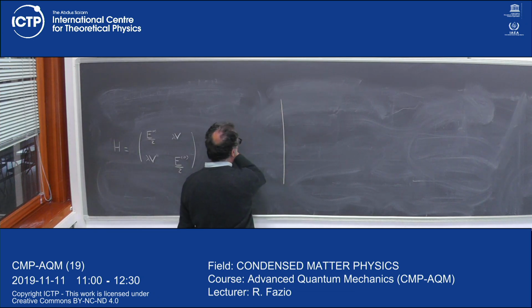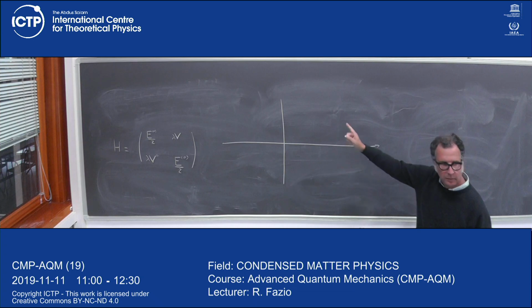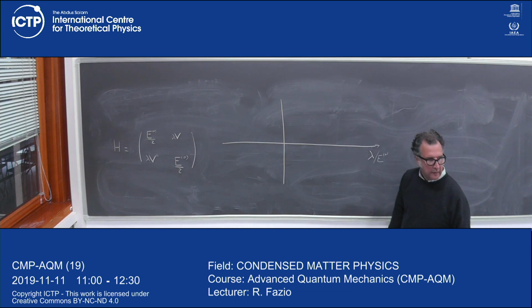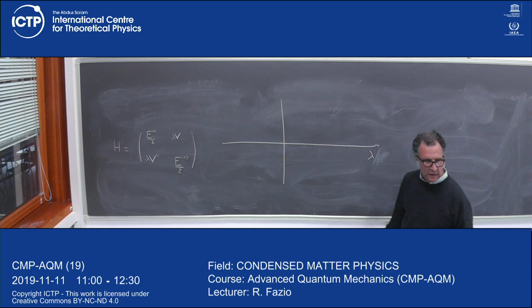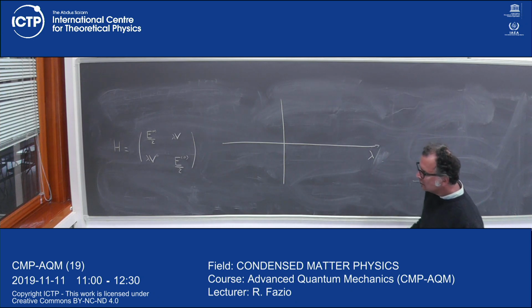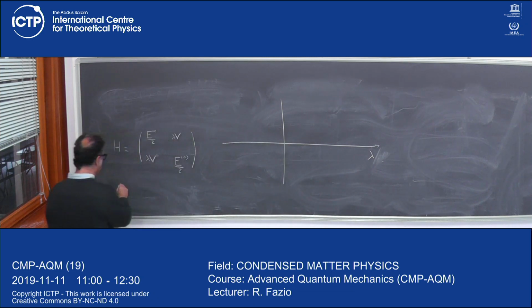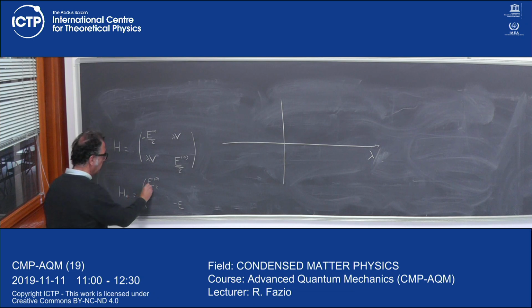You have to prepare a plot, with lambda in units of E0, for example. No, sorry, lambda is dimensionless. I want to see the plot of the two eigenvalues when lambda is equal to 0. So H0 is there, with a minus sign here, minus plus. Okay?